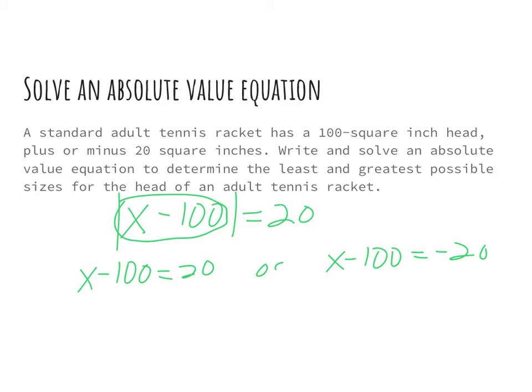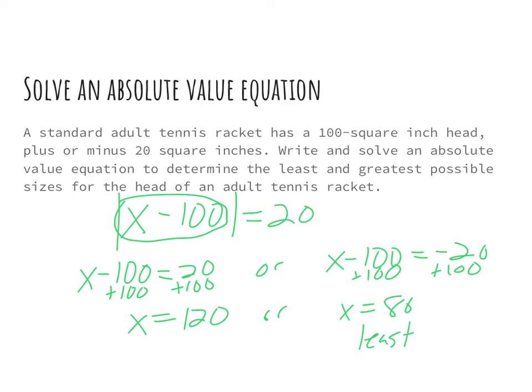And so now I would solve both by adding 100 to both sides, and I would get that x is 120, or x is 80. 80 would be the least because it's the smaller of the two. 120 would be the greatest because it's the bigger of the two.